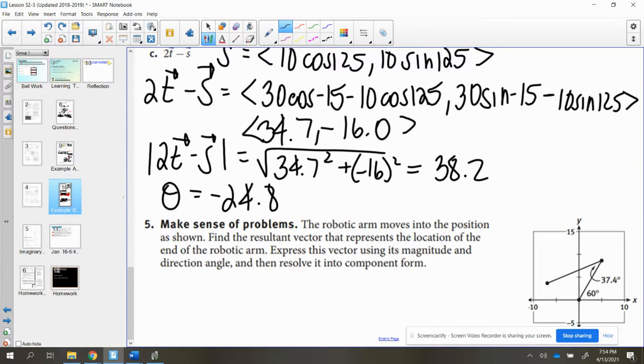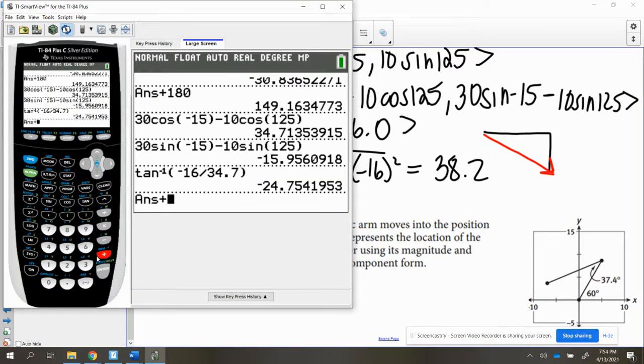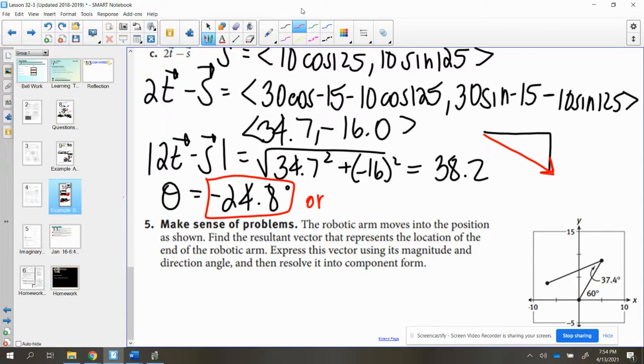Because if we're going to the right 34 and down 16, this is a quadrant 4 vector. Okay, so negative 24.8 degrees does check out this time. Obviously, if you want to be between 0 and 360, since oftentimes you'll see it that way, remember coterminal, 335.2 also would be an acceptable answer, since that's another quadrant 4 value. Either way, that's officially a directional value that works, and then, of course, that magnitude of 38.2.